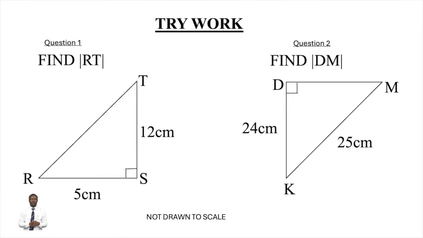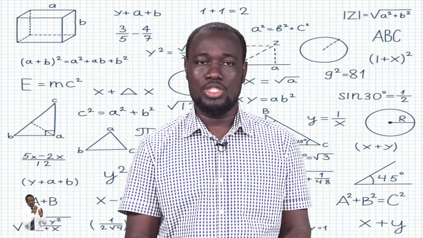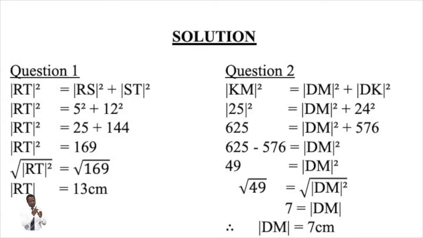I believe by now your solutions are ready. So let's present the ideal solution while you cross-check with yours. Question 1. The Pythagorean theorem is stated from the diagram as RT squared is equal to RS squared plus ST squared.